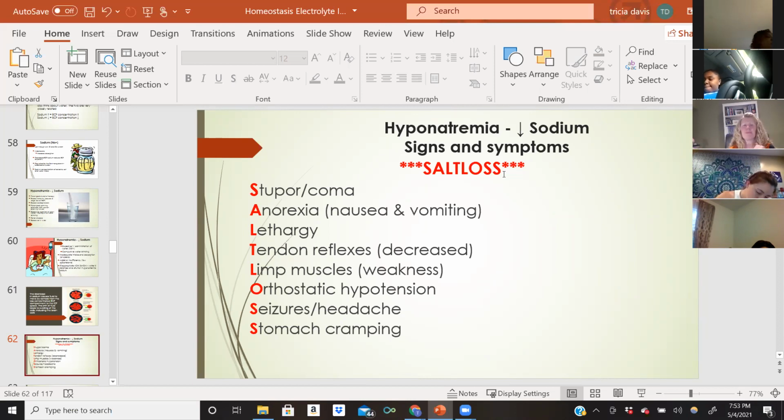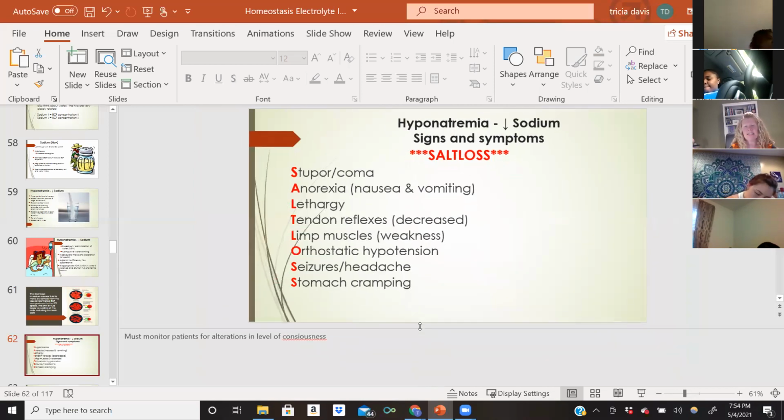Their blood pressure, they're going to present with orthostatic hypotension. You guys need to remember what that was, okay? It's when you change position from lying to sitting to standing, and you see that drop in the systolic and diastolic number. They might have seizures, they might complain of headaches, and they might have stomach cramping.